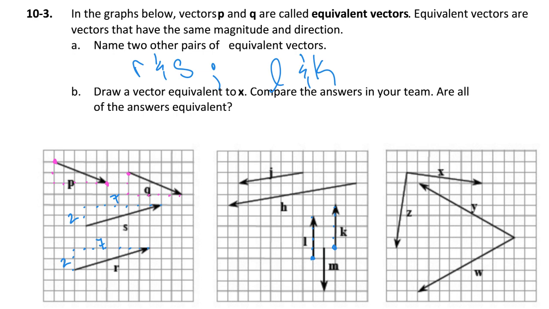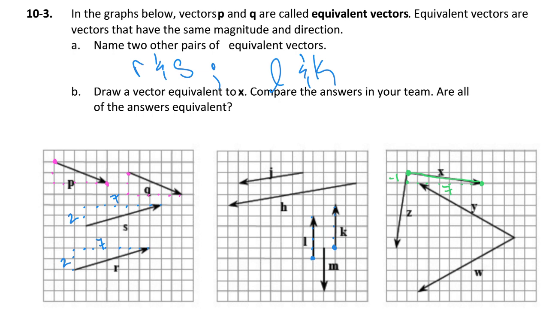Part B, it says draw a vector equivalent to X. Okay, so let's take a look at X. I'm just going to highlight it for you. So X goes from here to here, and so I want to go down 1 and to the right 7.